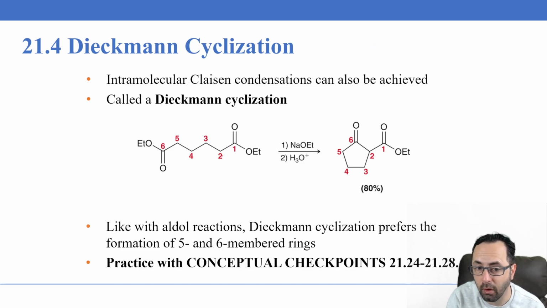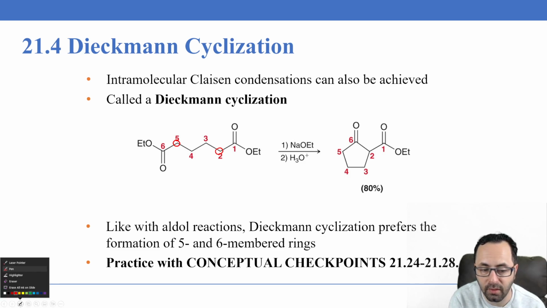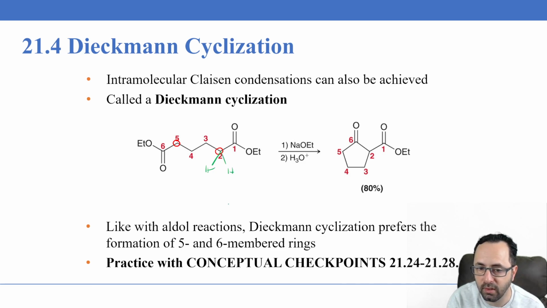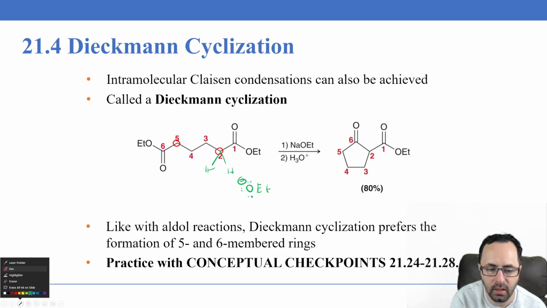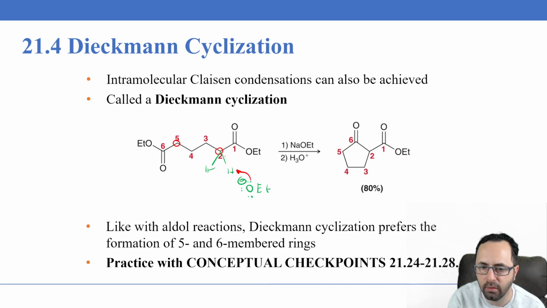So first of all, our alpha protons are at carbon 5 and carbon 2. We can remove these. This will be equivalent whichever one we remove. So let's say we have our OEt minus, our ethoxide ion, and that's going to start by deprotonating this alpha carbon, and then this is going to give us a carbanion.